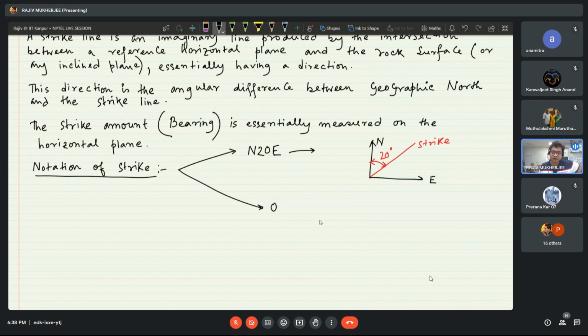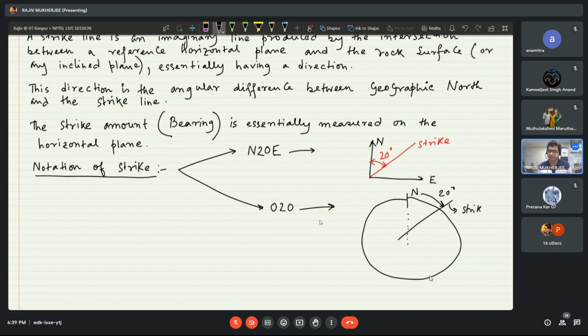Another is the three-digit notation. That would simply mean, for an entire 360-degree angular area, if this is north, then from north rotating clockwise, if I move 20 degrees, I will eventually reach my strike line. So in this frame of reference, we have four directions, right?